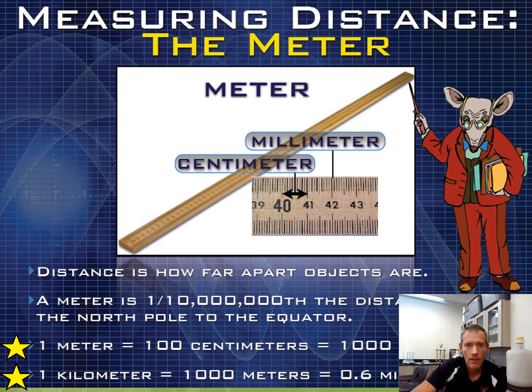Okay, so the meter, like we said, is 1/10 millionth the distance from the North Pole to the equator. 1 meter is 100 centimeters, and 1 meter is 1,000 millimeters, which means that there are 10 millimeters in a centimeter. A kilometer is 1,000 meters, or 0.6 miles.